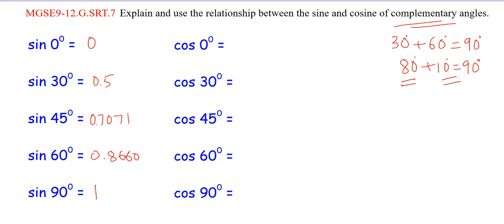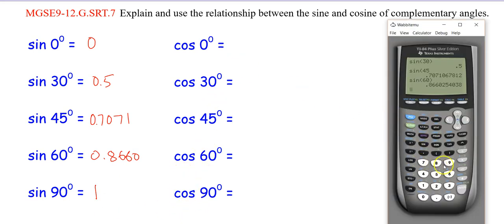Okay, now let us look at cosine values. Cosine 0 degrees is equal to 1. Cosine 30 degrees is 0.8660.